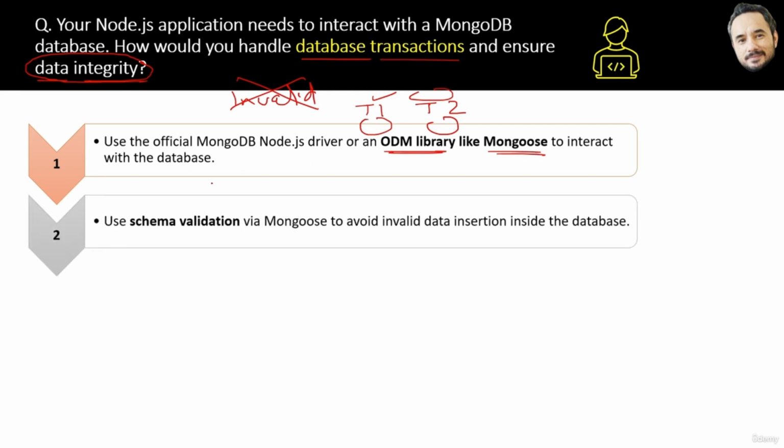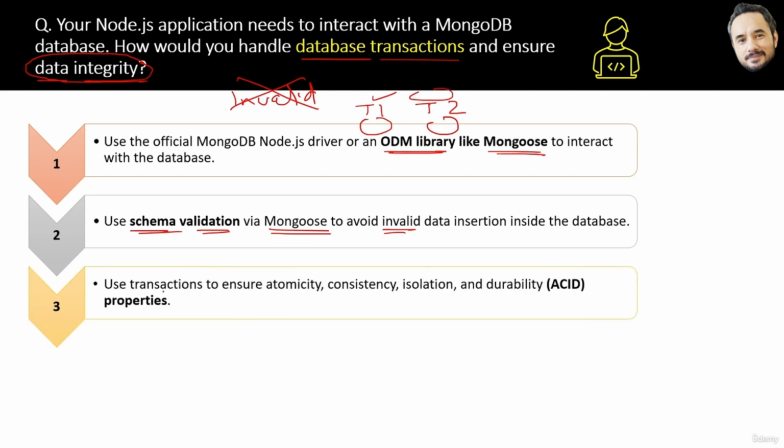Second, use schema validation via Mongoose to avoid invalid data insertion inside your database. Okay. Third point is use transactions to ensure atomicity, consistency, isolation, and durability properties. So these ACID properties are important for transactions, and that also you can do by Mongoose.